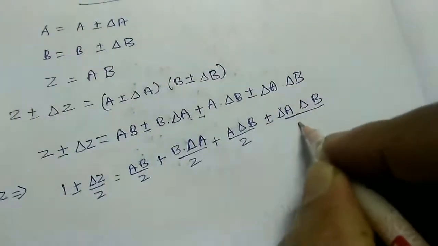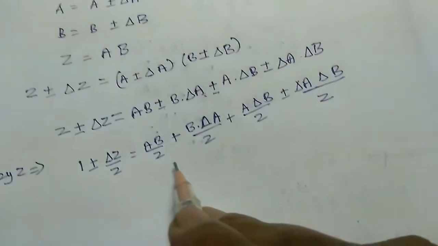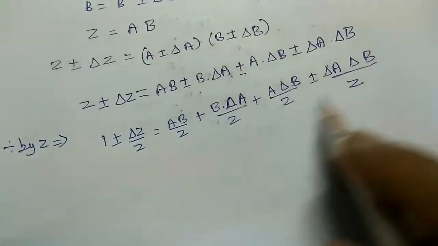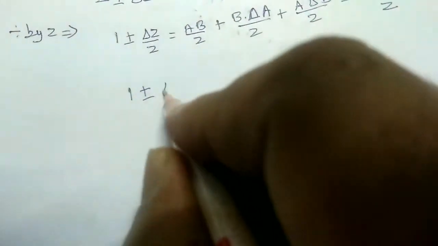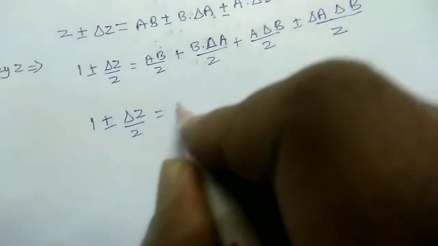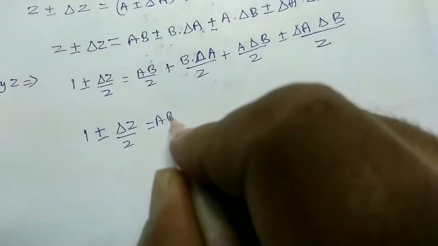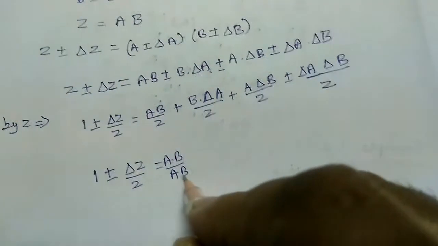So you think, what is Z? AB. So in the right hand side you put AB instead of Z, and you keep the left hand side as it is. What I told is that Z is also AB.